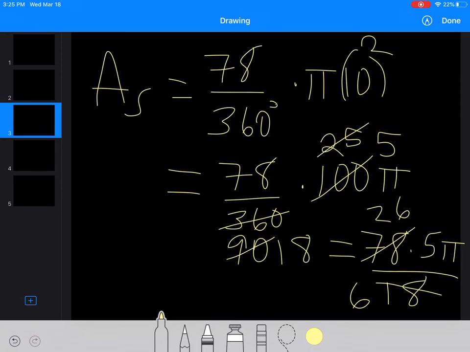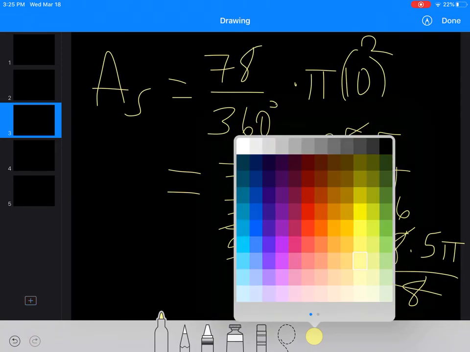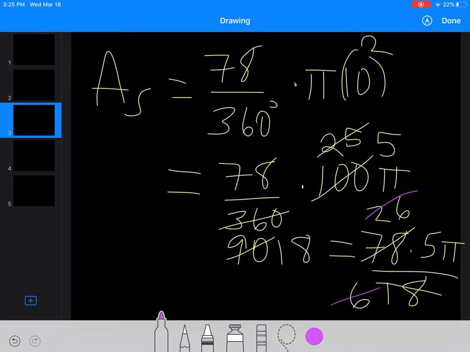And we can simplify this one more time. So let's use another color here. This is a good problem because it has simplification in there. 26 is even, 6 is even, so that can go down to 13, and that can go down to 3. So on the bottom we just have 3 left over.